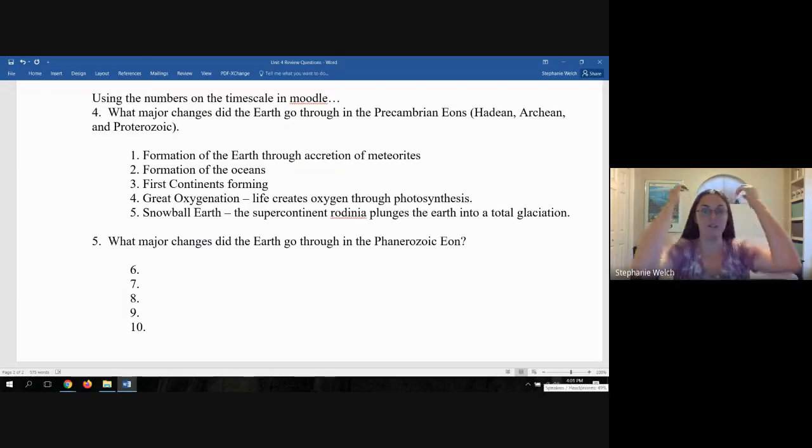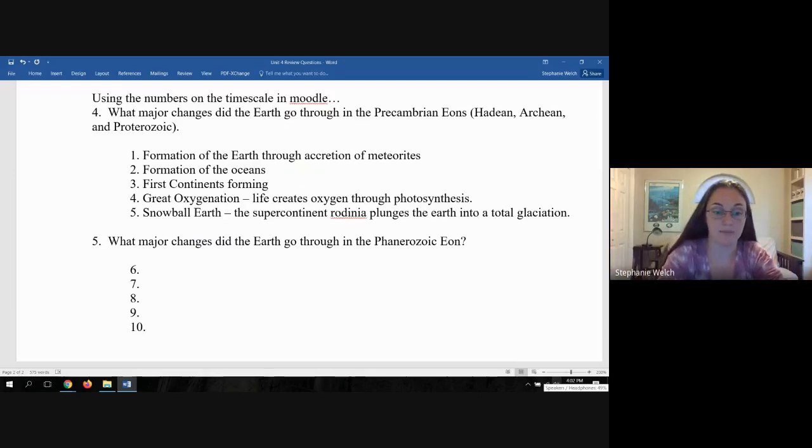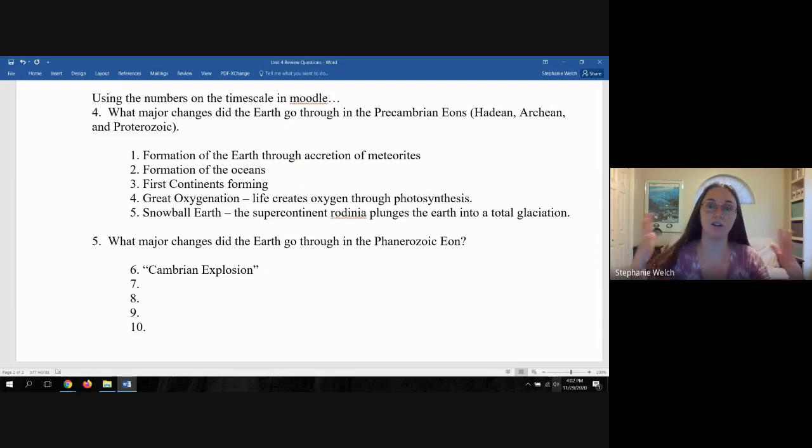Event 6, the event that defines the beginning of the Phanerozoic, has to be what we call the Cambrian explosion. Because just like any other discipline, we like grandiose terms. The Cambrian explosion is a life diversification event.